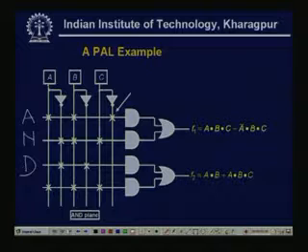So, this line is A and this is my A complement. Similarly, this is B, this is B complement, this is C, this is C complement. Now, it has a fixed OR plane.